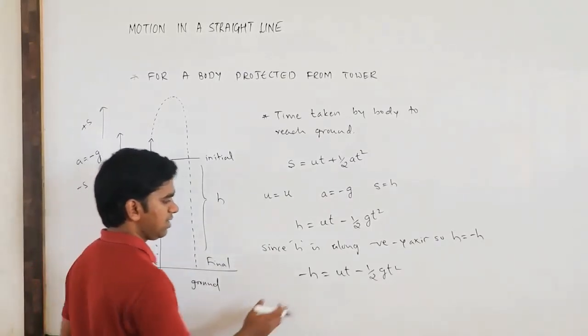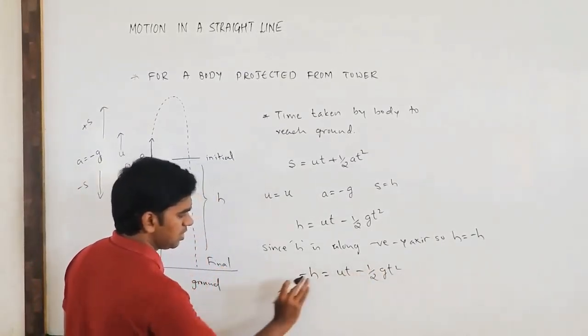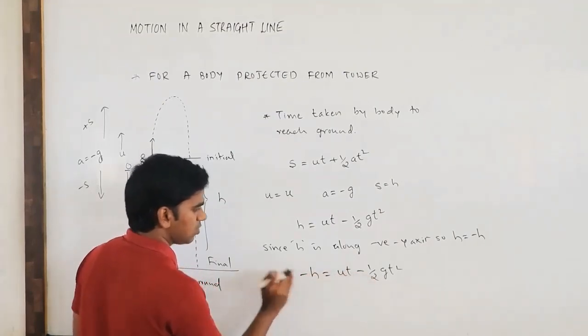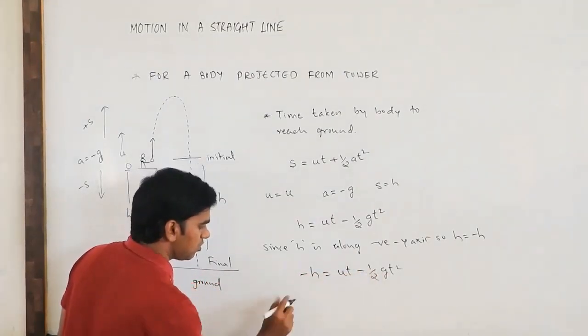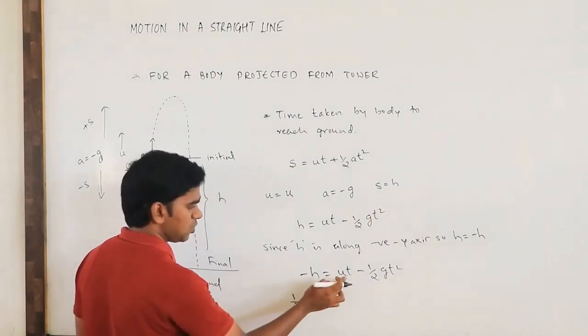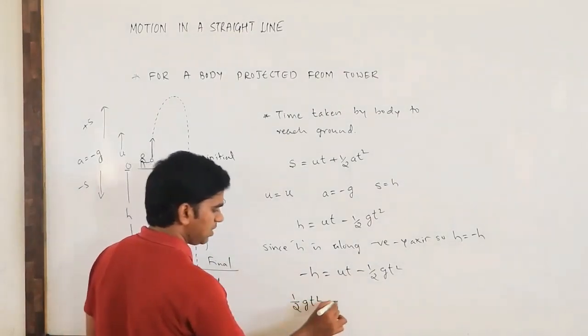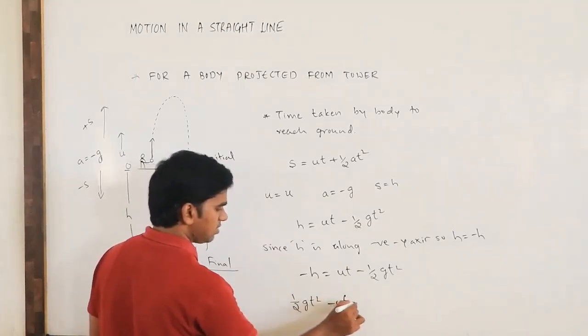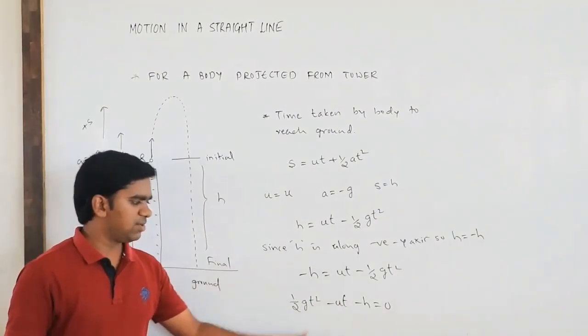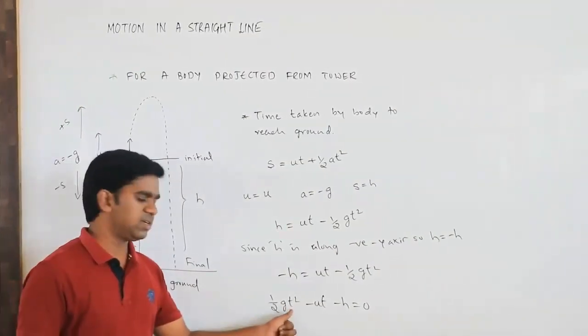So how can we calculate? I will just rearrange the terms and take these things on this side. Minus half gt square will become plus half gt square, and plus ut will become minus ut, minus h as it is, equal to 0. If you look at this equation, it is a quadratic equation in t.